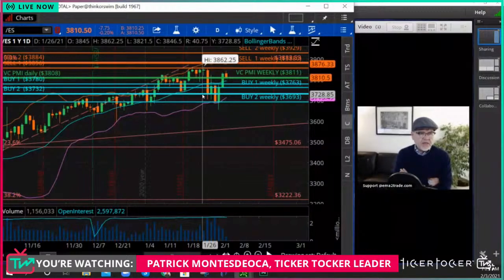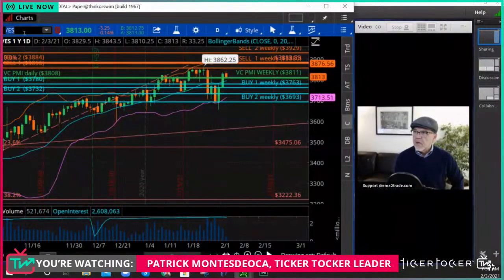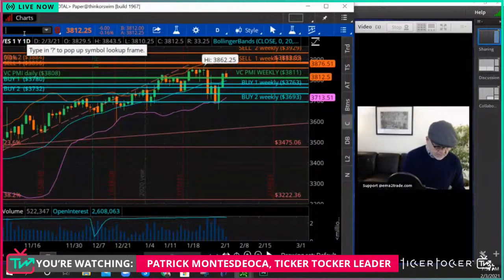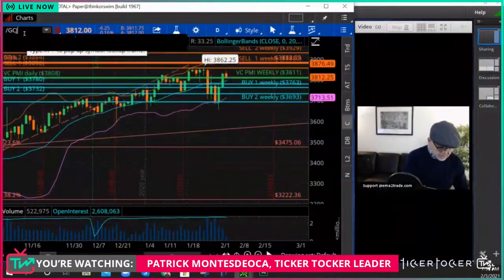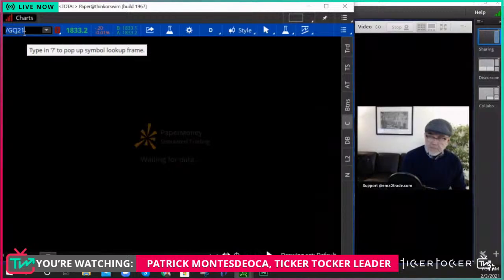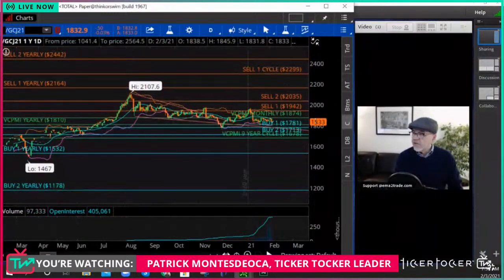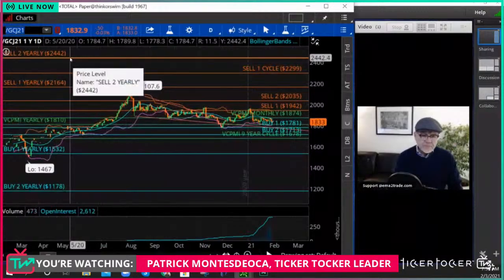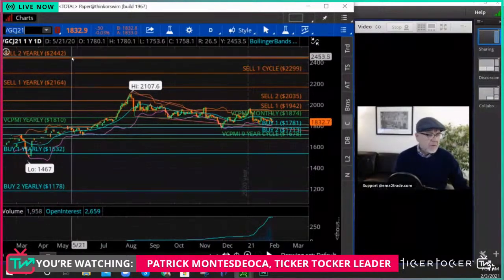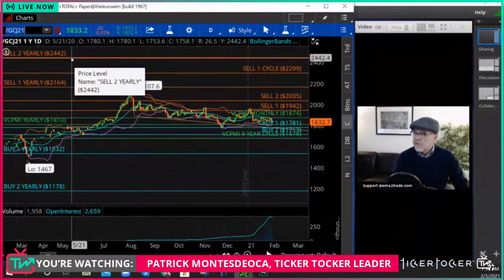When I take a look at the indicators, they're anticipating much higher prices in gold. The annual is looking at $2164 to $2242 as the targets.